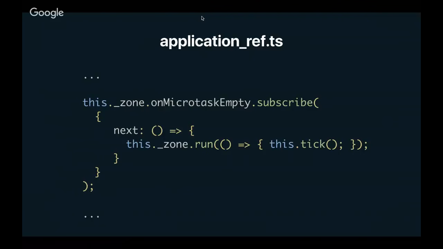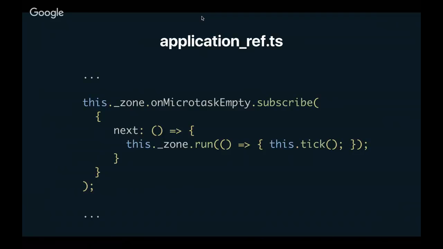And here is how Angular does this. This piece of code is directly taken from Angular's code base, more specifically from the ApplicationRef implementation. Since Angular uses observables, here is an observable. We are subscribing to the onMicroTaskEmpty event, which is going to be triggered each time a task completes or when the microtask queue is drained.